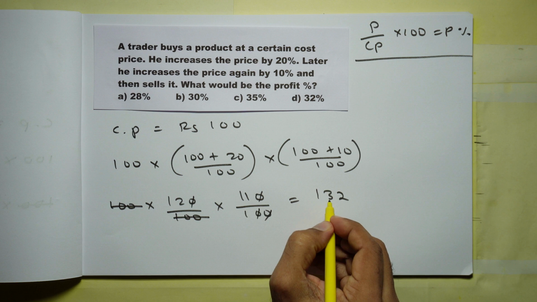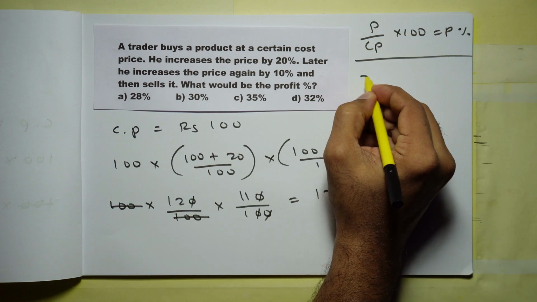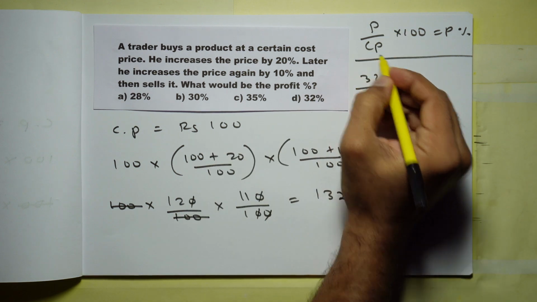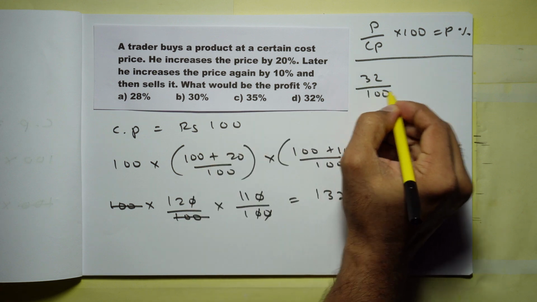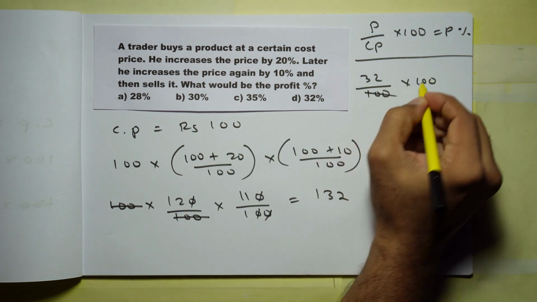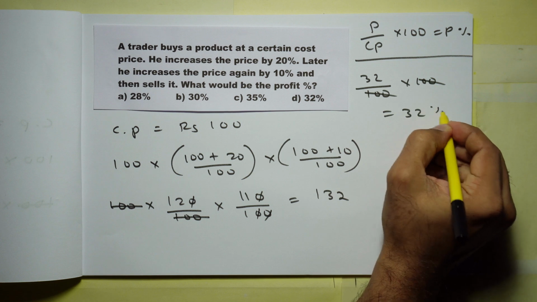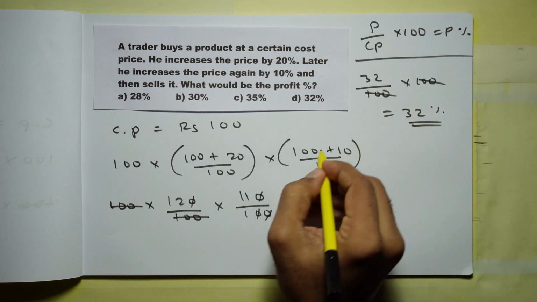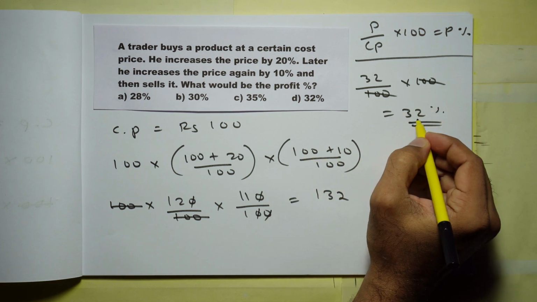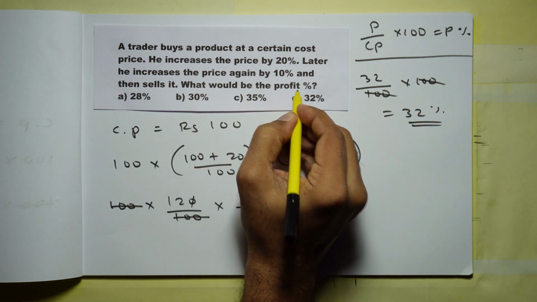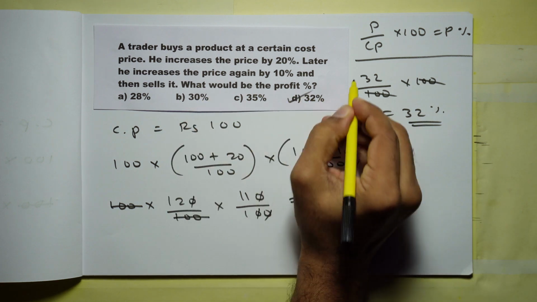So profit will be 132 minus 100. Profit is 32. Out of CP, CP is 100, into 100. 100 and 100 cancel out. So what we get is 32%. So in this case, the profit percentage will be 32% profit. Option D, 32%.